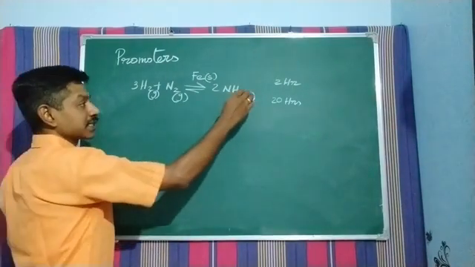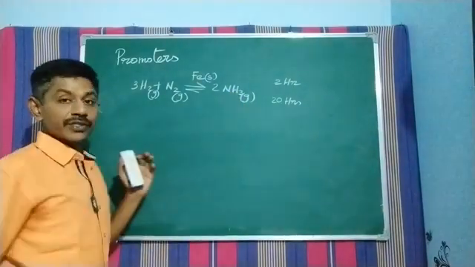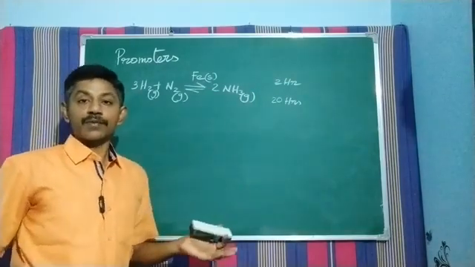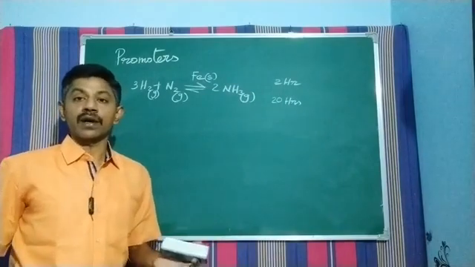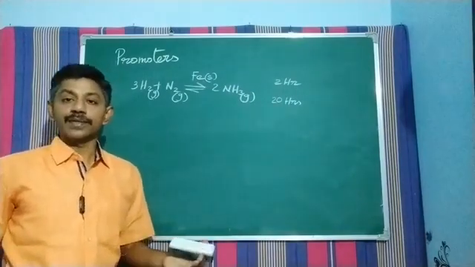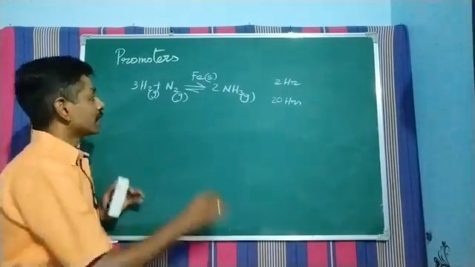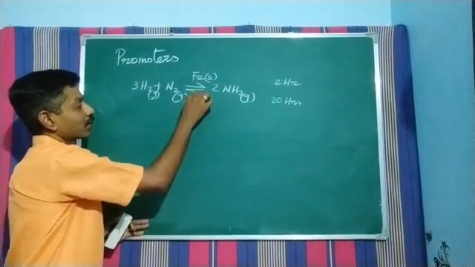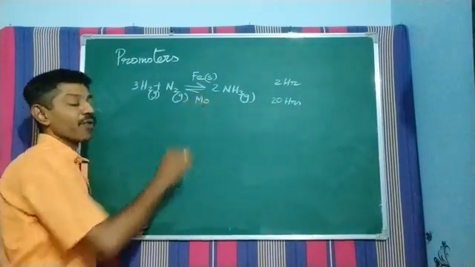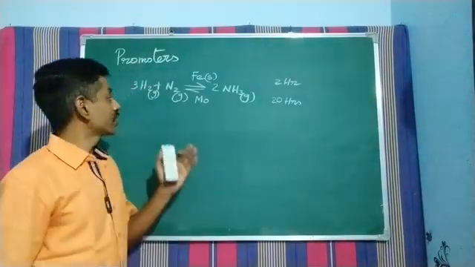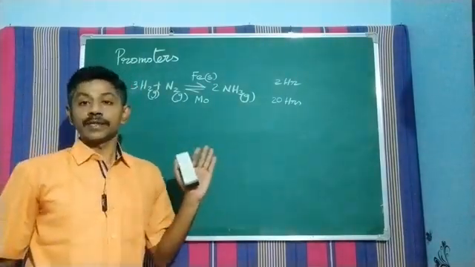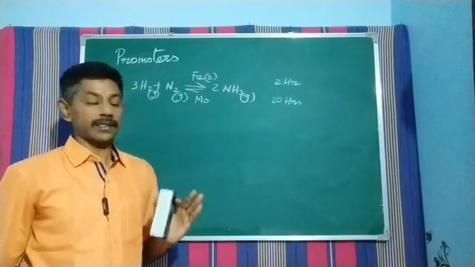Now even this timing may be too much for the preparation of ammonia, because we have to prepare a huge quantity of ammonia and the industrial cost has to be reduced. So the scientists have found one more material called Mo. I think, boys, you would have seen in the transition elements, molybdenum can be used as a catalyst.